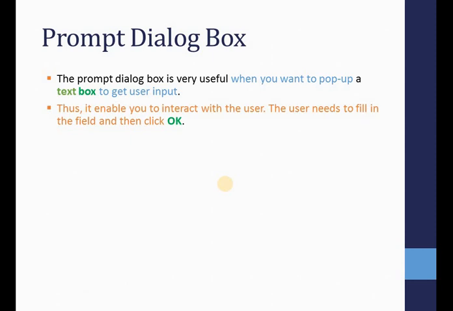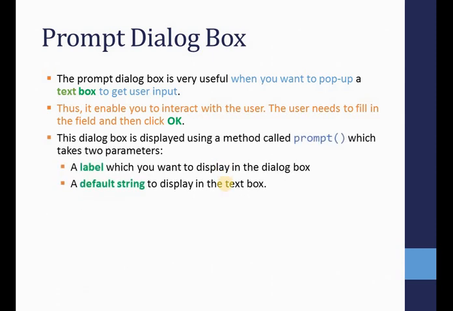The user needs to fill in the field and then click on the OK button. That means in the alert box there was only a single button, OK. In the confirmation box there were two choices, OK or cancel, true or false. If a dialog box is displayed using the method called prompt, then it has two parameters.